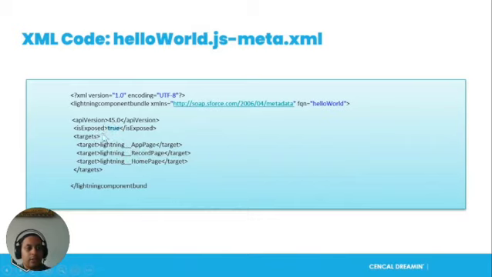Also don't forget to use true in isExposed. This is mandatory, and you need to set it to true. Normally this value is false, but you need to set it to true so your Lightning Web component can be available on a record page, home page, or app page.